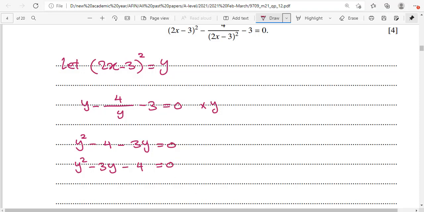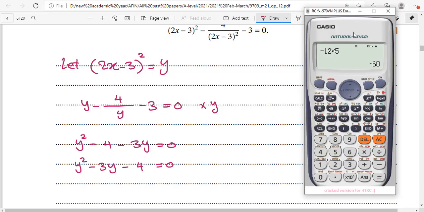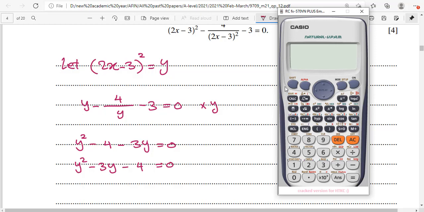Equals 0. Now in the calculator, you go to mode. Then in the mode we go to number 5, equations. And then in equations we want ax squared plus bx plus c equals 0. This is what we have. Then press 3. We enter only the coefficients.